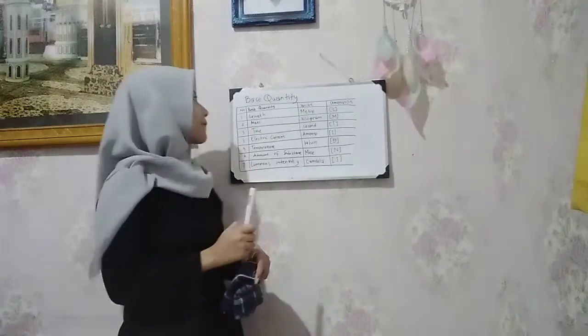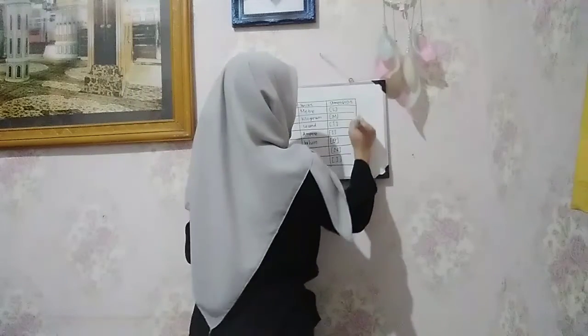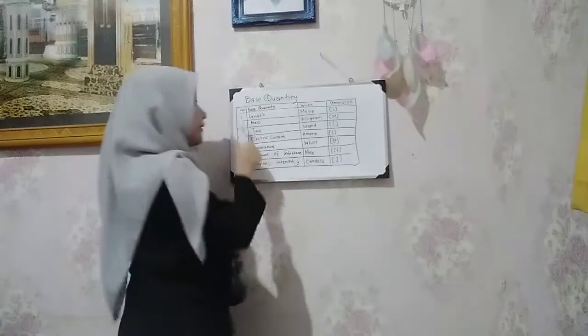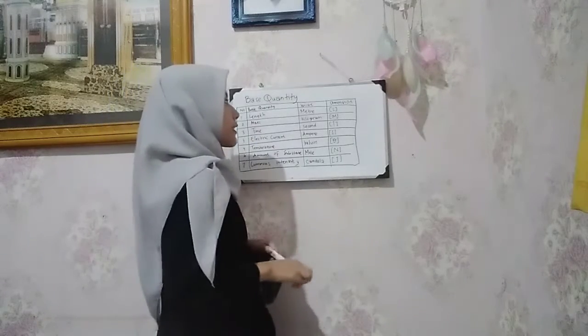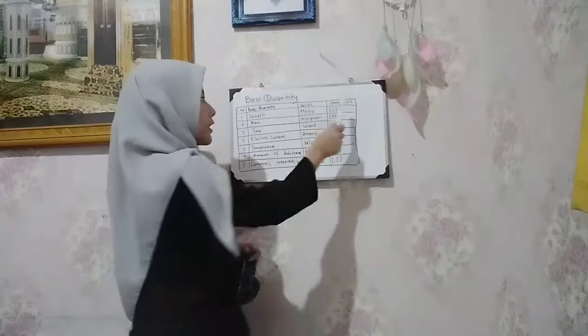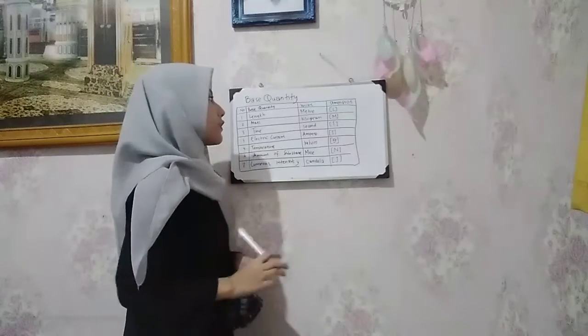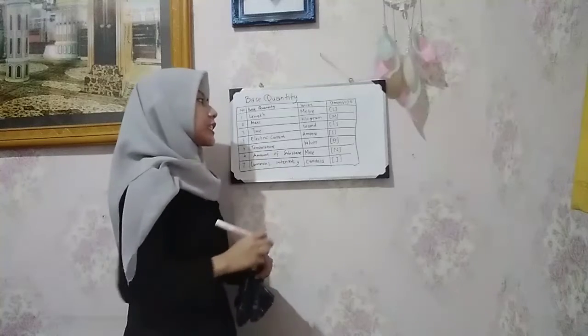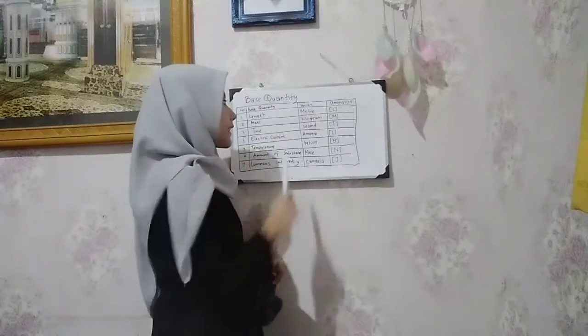Base quantity. Base quantity has 7 kinds. Number 1, length. Unit is meter. Dimension is L. Number 2, mass. Unit is kilograms. Dimension is M. Time. Unit is second.